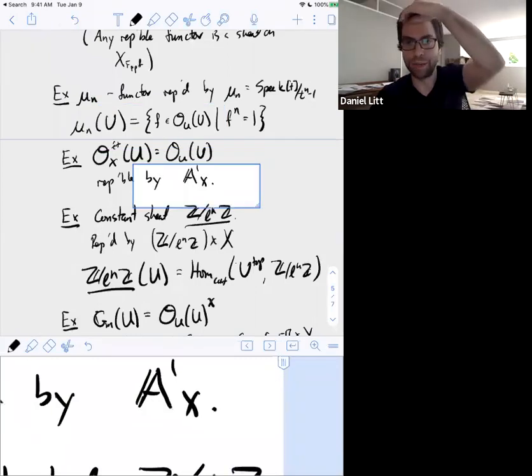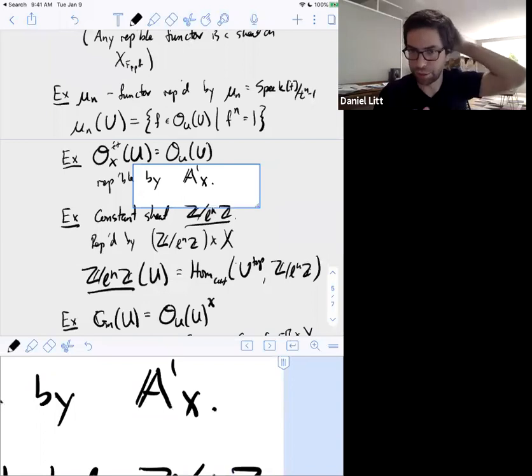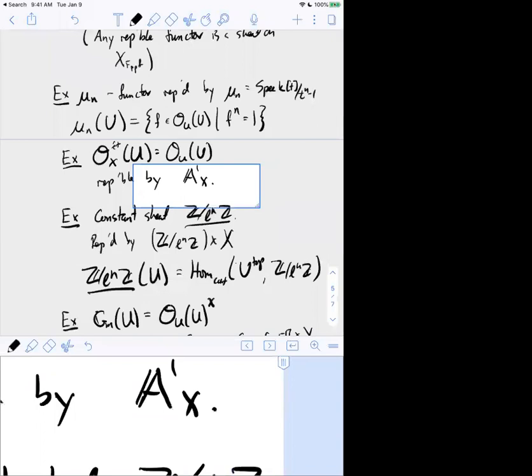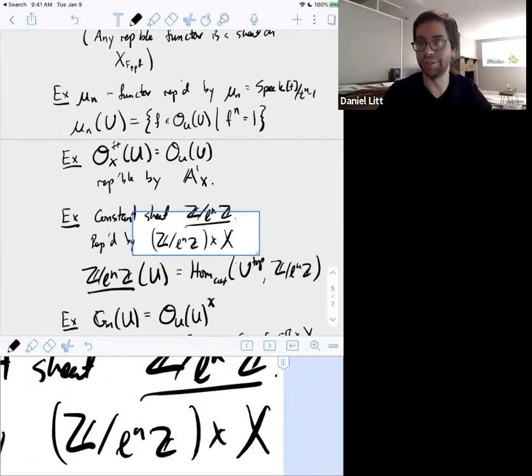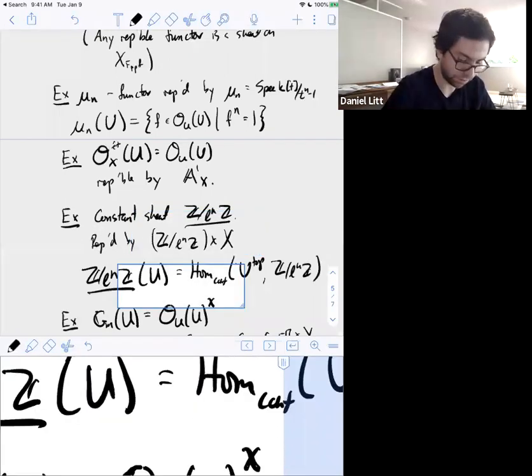Let me make some comment about that. Sorry, was the person who asked that question Sarah? That's right. Great. One definition of a group scheme is just that the functor represented to sets factors through groups. And to see that that's the same as a group scheme, you use the unit. So that's a really good observation.